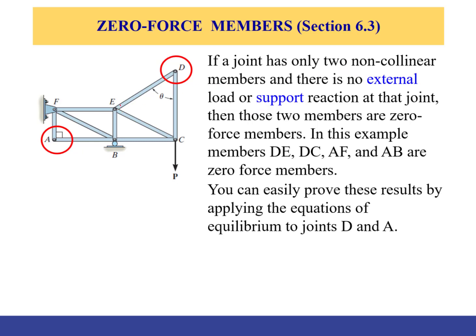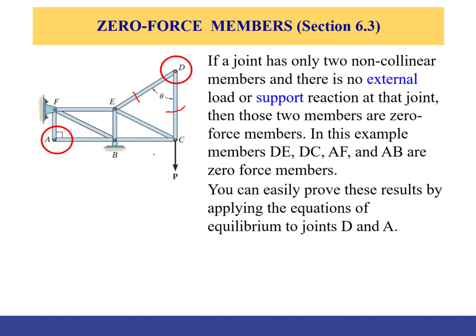What makes these two members together is joint D. So if there are no forces at joint D and they are not collinear, meaning they are not parallel to each other, then these have no tension, no compression, meaning they are useless for this load condition.